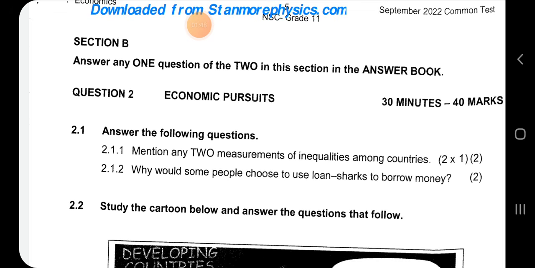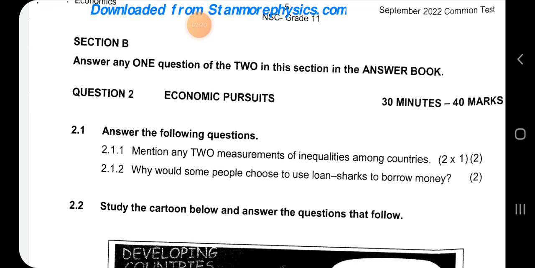Now 2.1, answer the following questions. So you can try to answer these questions. 2.1.1 says mention any two measures of inequalities among countries. So how is inequality in a country measured, or among countries? We say there's inequality between two countries. What measure do we use in economics to measure the inequality among countries?